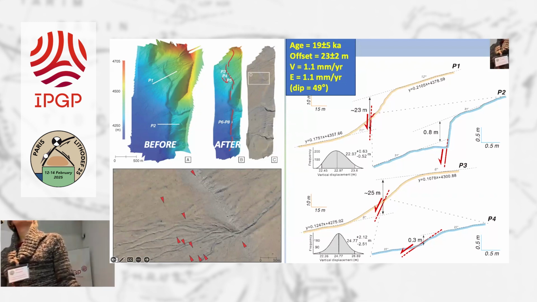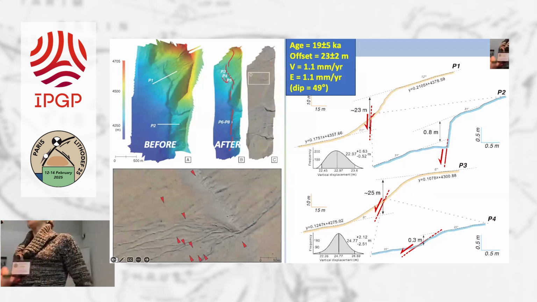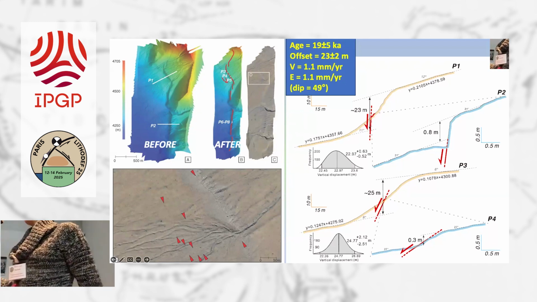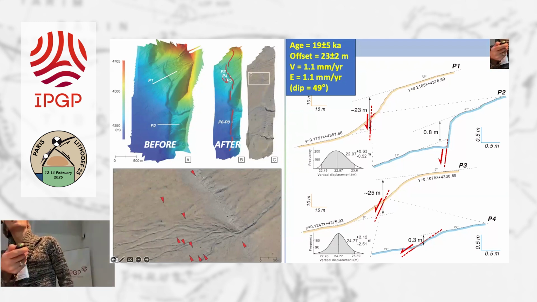So the age of the fans is 19,000 years old. The offset is 23 meters, so we get a throw rate of 1.1. And then luckily, finally, we have a very precise dip angle for that fault given by the earthquake. And so we can determine the extension rate, which is also 1.1 millimeters per year.